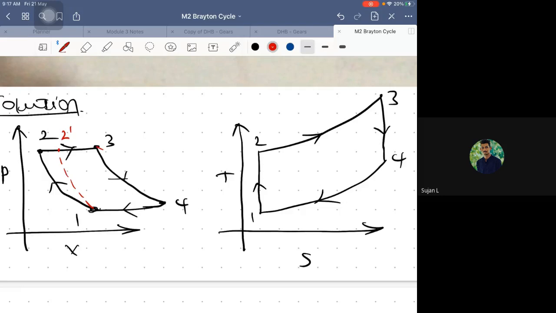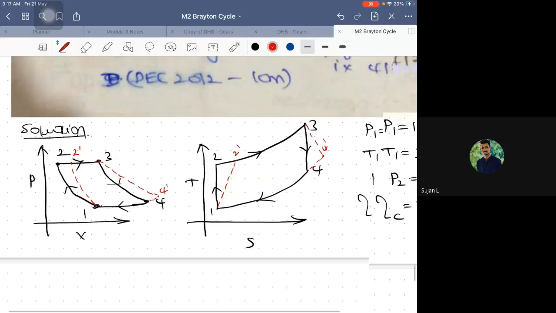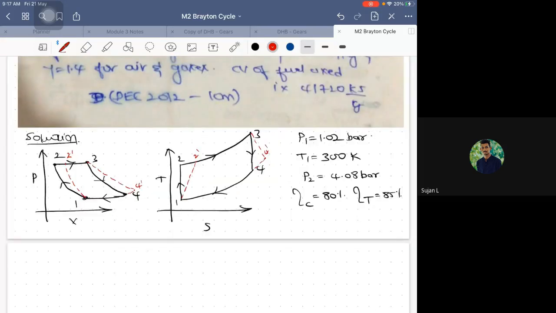Similarly, since the turbine efficiency is also given, it will deviate like this, which is the actual path, and it is 4 dash. Same thing in the TS diagram: 2 dash and now 4 dash. So those changes I have made in my PV diagram.